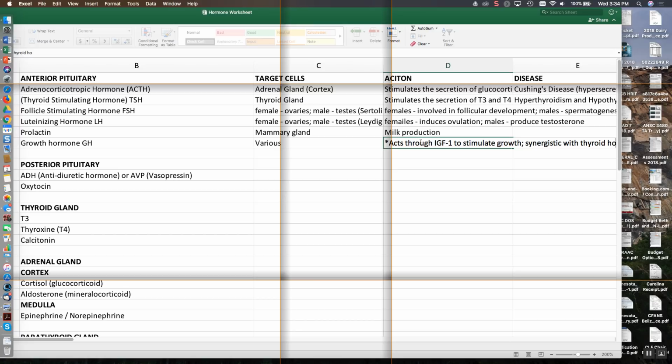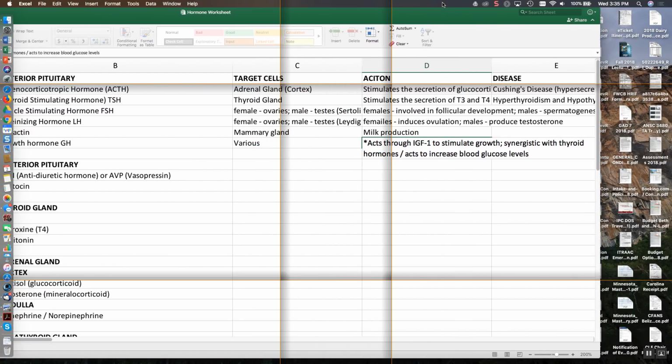The other thing is it also does the opposite of insulin. It acts to increase blood glucose levels. Let me just make sure I want to include all that.